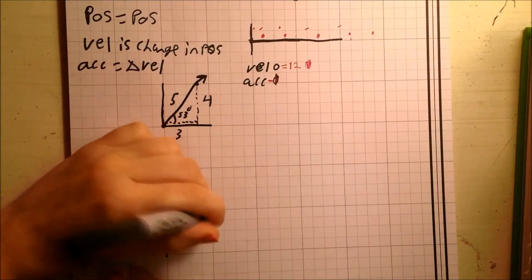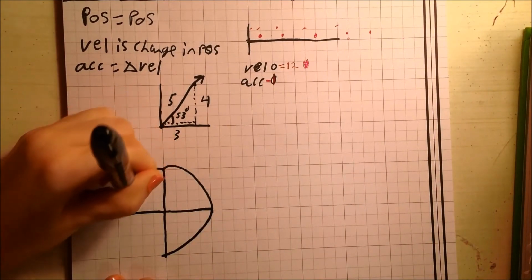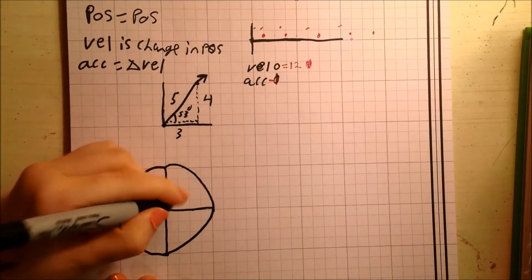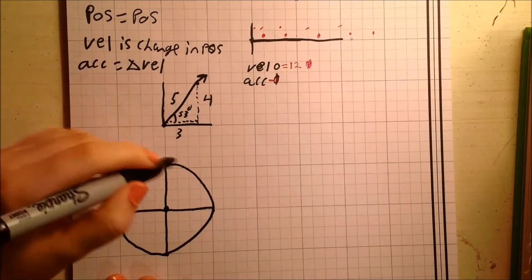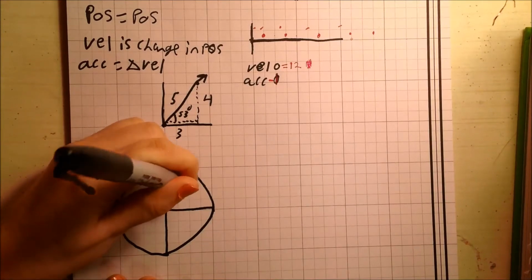So we're going to need a unit circle and I don't have a protractor for markers. So here's the origin, and let's say that we're at a 45-ish degree angle.